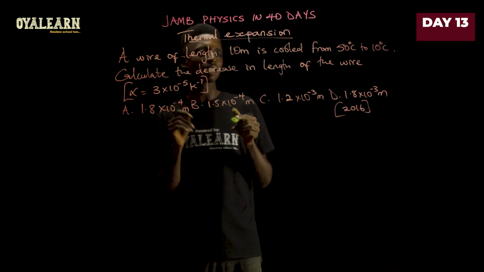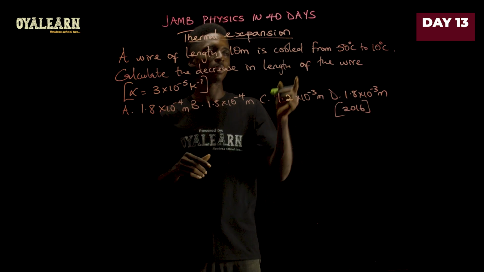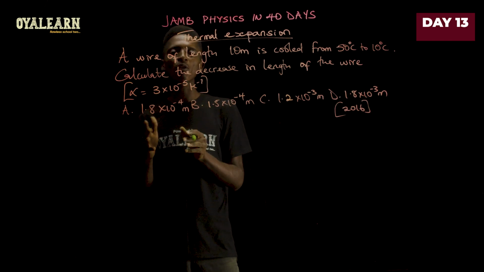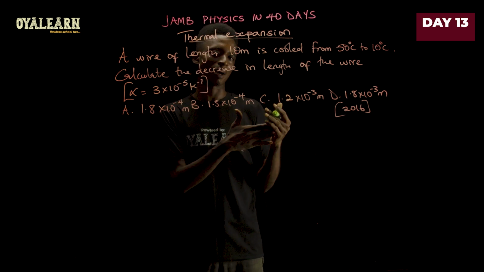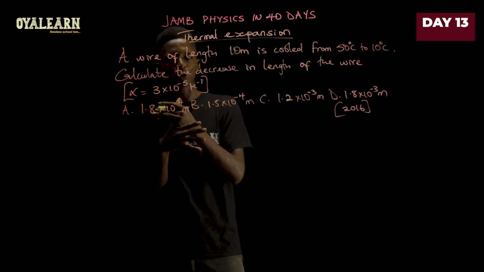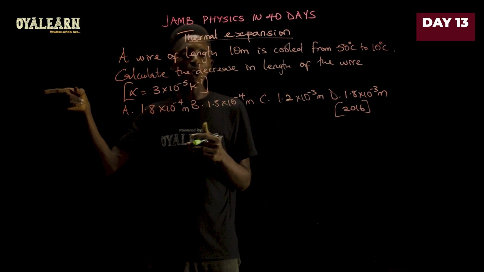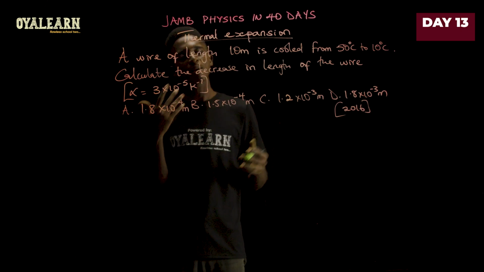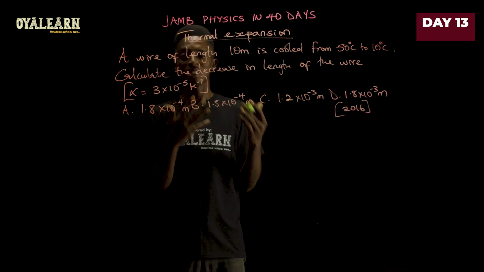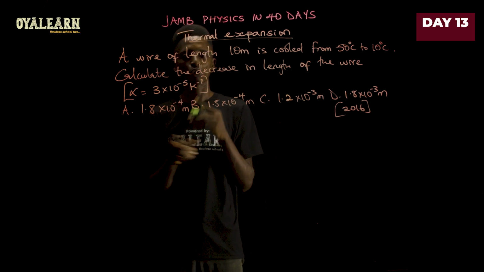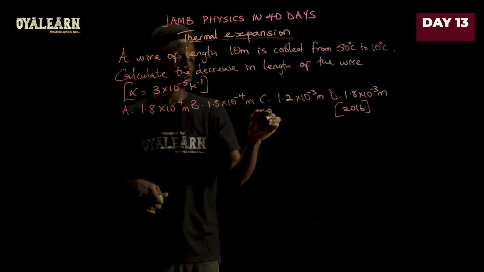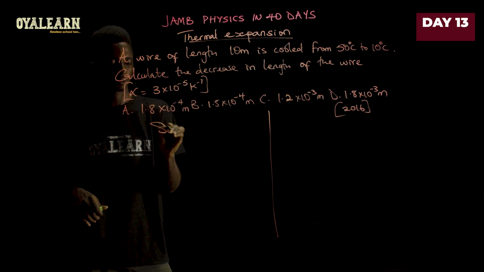So that means that if we are using the formula now, we have to apply L2 to be the original length in this case, because that formula works best when you are looking at expansion. This time we are looking at contraction, so it's coming from a longer length to a shorter length. So most times we apply L1 for 0 degrees Celsius. So just take note of that. But in this case, this is what the solution will look like.